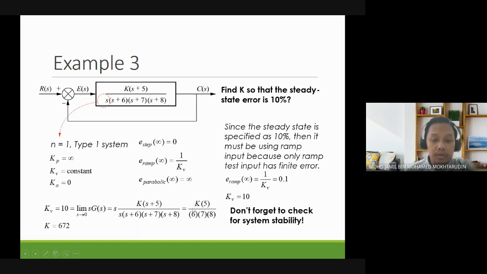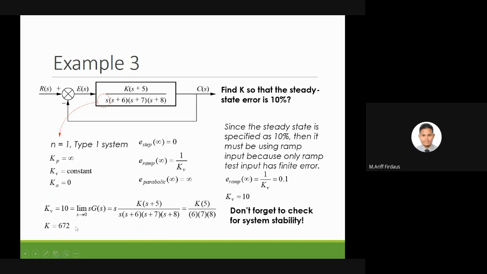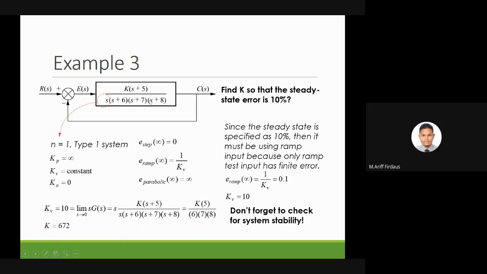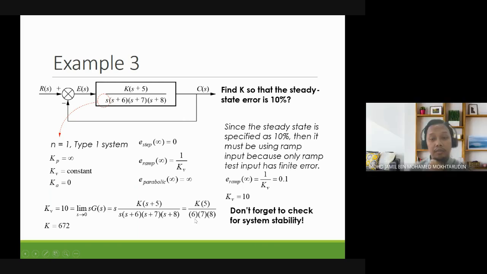And then we use that to find K. After you find K, you repeat the Routh-Hurwitz criteria to check the system stability. To check for system stability, you need to find T(s) here. So find T(s) using unity feedback and then generate the Routh-Hurwitz table to determine whether the system is stable or not. Okay?